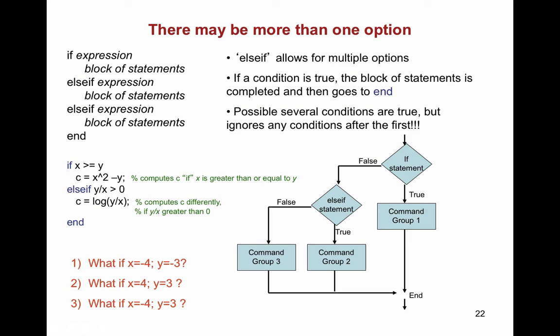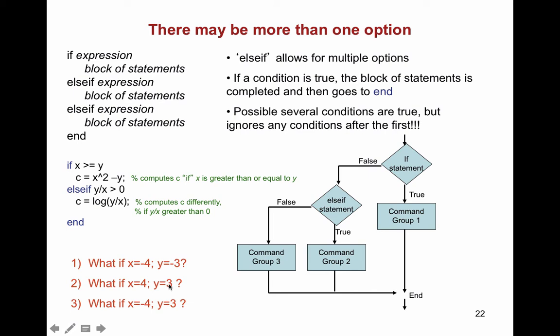Now somebody from the second row. We have 2 candidates. Who wants to volunteer? All right, so if x is equal to 4 and y is equal to 3, what will happen? So this will get computed, and that's it. Then nothing happens here, okay? It just keeps going. So basically my c will be 4 squared, 16 minus 3, 13.